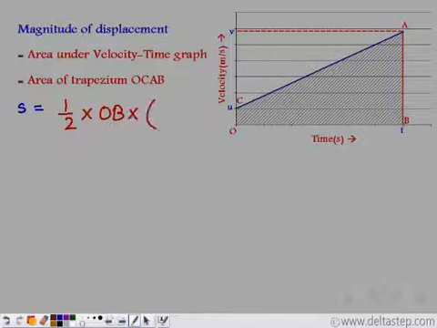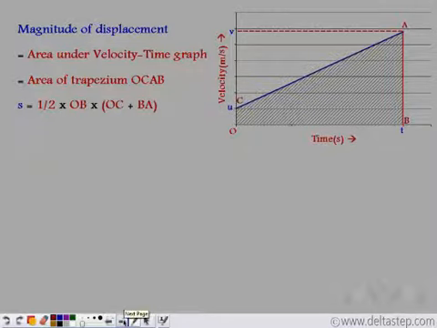So what are the parallel sides? OC and BA. So the parallel sides are OC and BA. So this is the area of the trapezium. This is equal to half into what is OB? OB is this distance. This is equal to total time taken, which is T. What is OC?